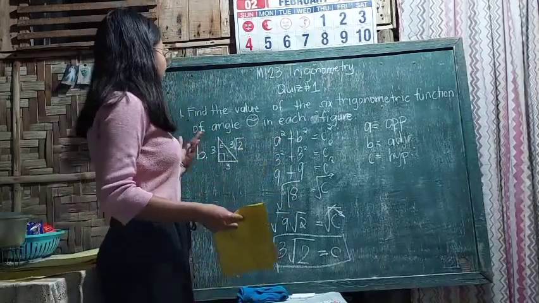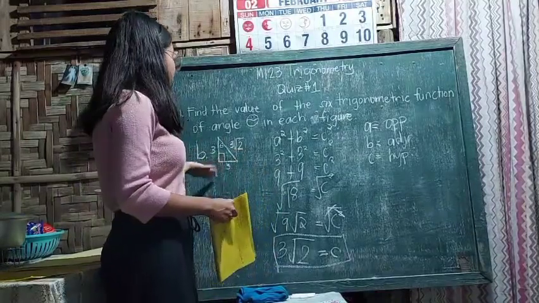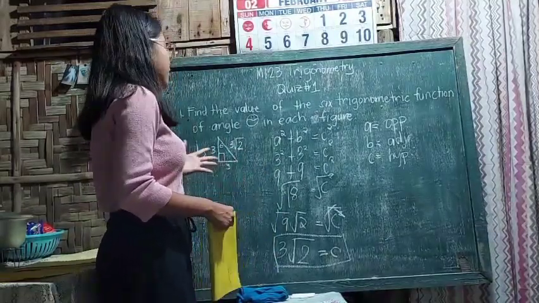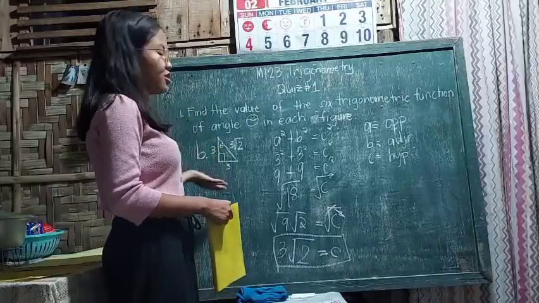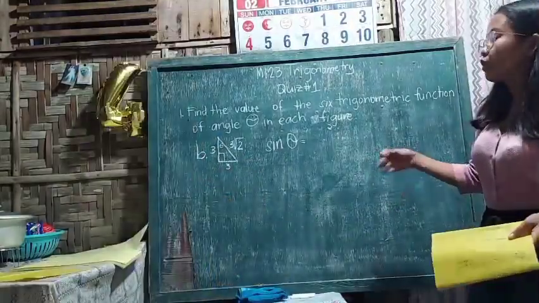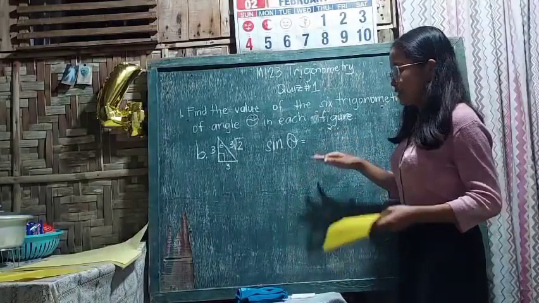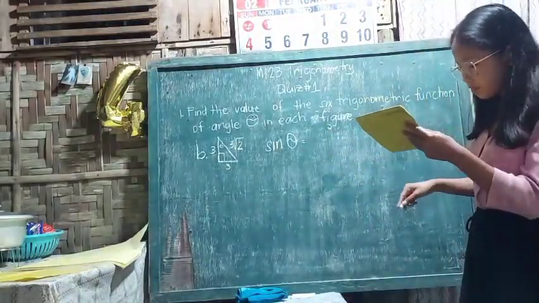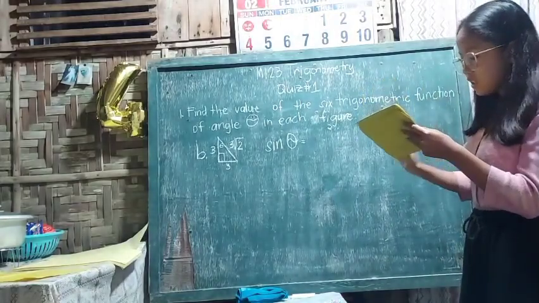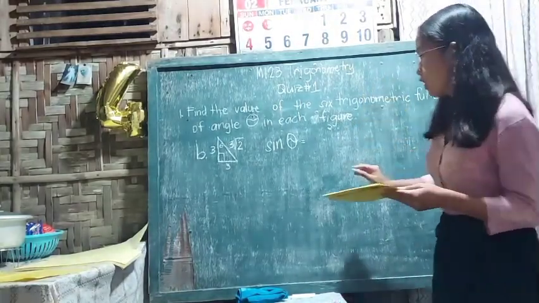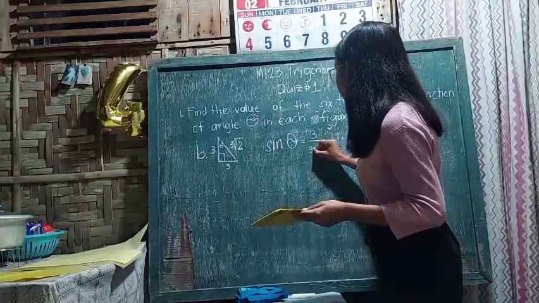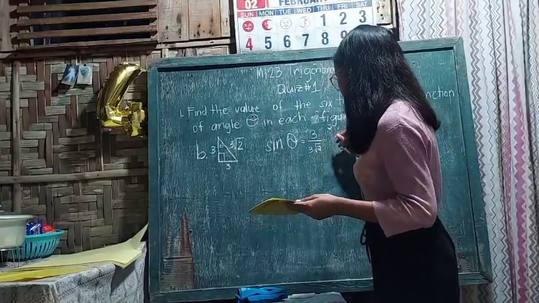So now that the sides of our triangle are complete, we can now look for the six trigonometric functions of angle theta in this figure. First, look for the value of sine theta. So our sine theta, which is the opposite over hypotenuse, would be 3 over 3 square root of 2.